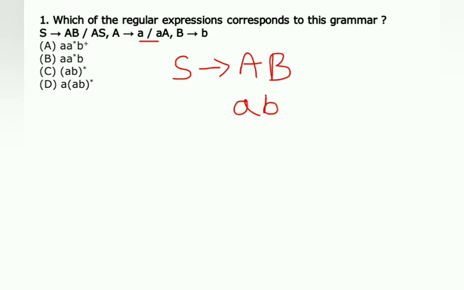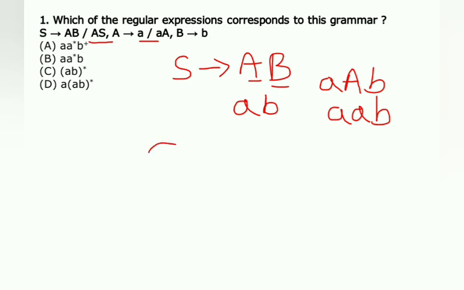So we substitute small a and small b, giving ab. That is one option. Another one: we place small a capital A in the place of A, and in the place of B we place b. That means again a, b.